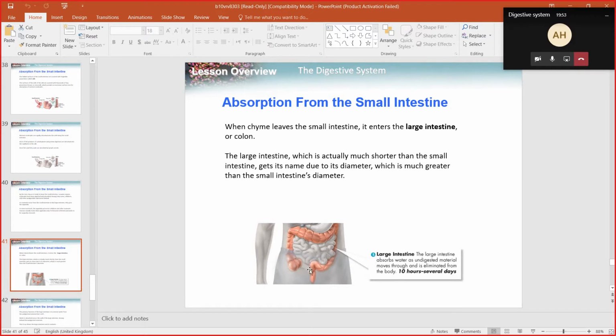And at the end of the large intestine, we have the rectum and then the anus. The anus is where the remaining, undigested food comes out of our body. So these are the parts of the digestive system, and we studied the mouth parts and so on.